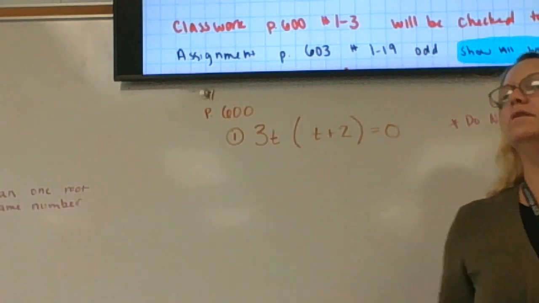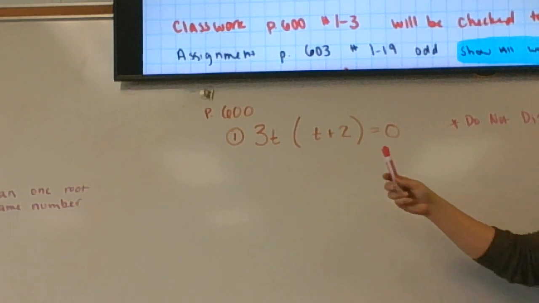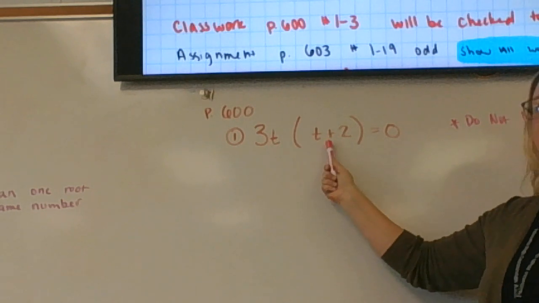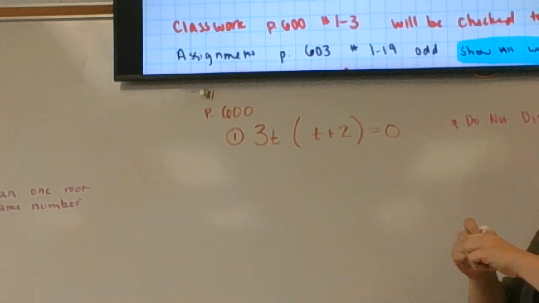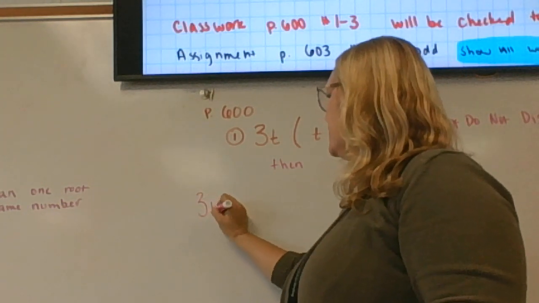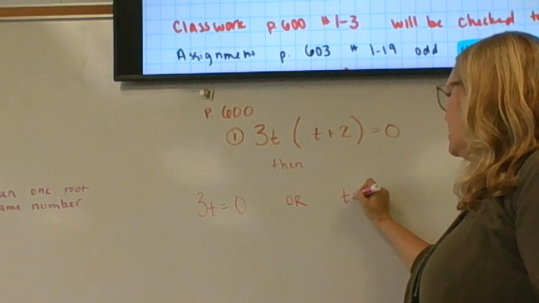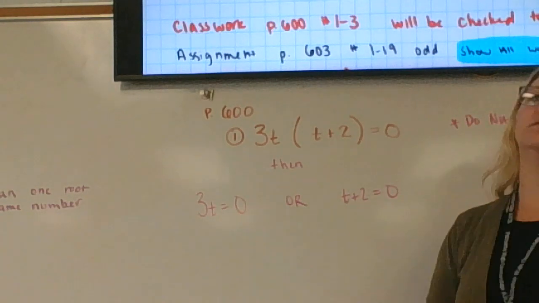So guys, this was a really basic example. If 2 times x equals 0, then x has to be 0, right? Well, if this times this equals 0, then either 3t equals 0 or t plus 2 will have to equal 0.